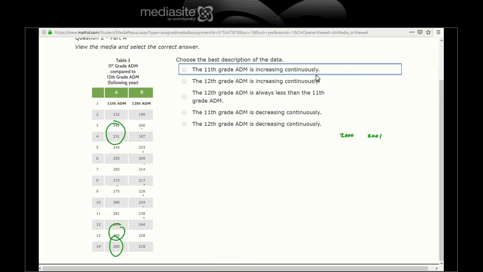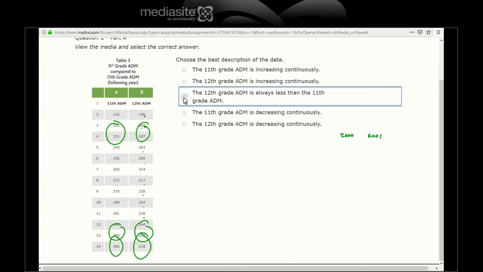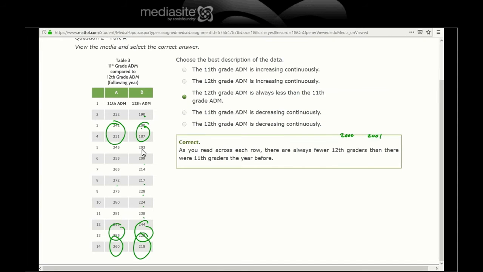And that should not have happened. Again, increasing continuously. Okay, from here to here it goes down. And here is going down again. So it can't be the first two. So it has to be this one because the 12th grade is always a little less than the 11th graders.